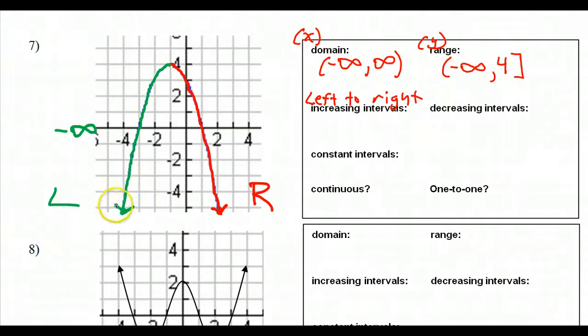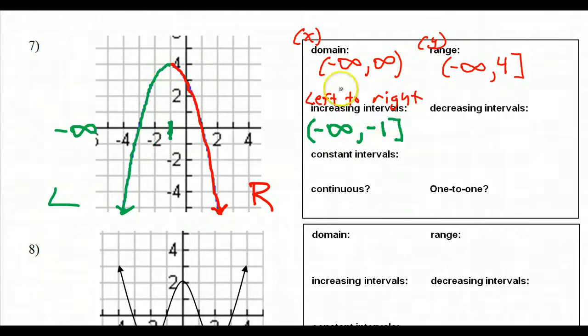So starting from the left, going to the left forever, all the way up to this spot right here. And again, it's the x value that I really care about. And this is an x value of -1. So the increasing interval is from negative infinity to -1. Okay, that's where the graph is increasing.